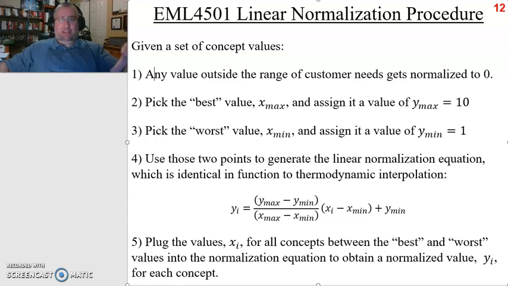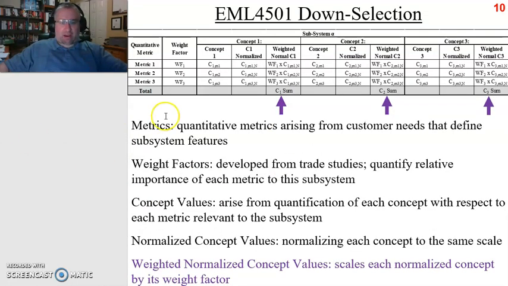Here's the stage in the process where those concepts that don't meet the customer needs basically get eliminated from the down selection matrix, because they get a normalized score of 0. When you take a normalized value of 0 and multiply it by the weighting factor, you get a weighted normalized value for that concept of 0.